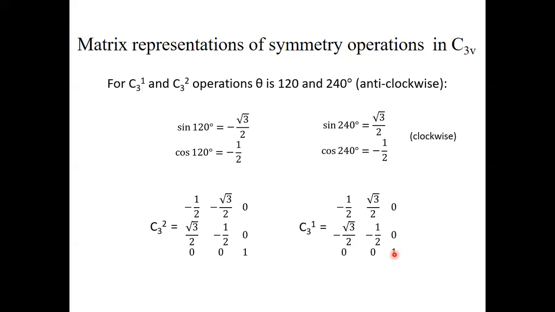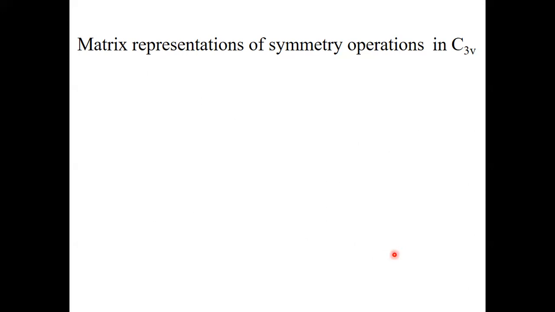So we have now found the matrix representation of this C31 and the C32 symmetry operation. So now, in addition to the proper rotations, we also have 3 vertical mirror planes in the ammonia molecule. So what are their matrix representations?